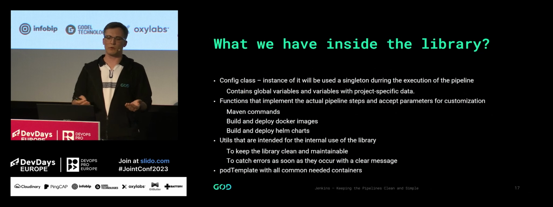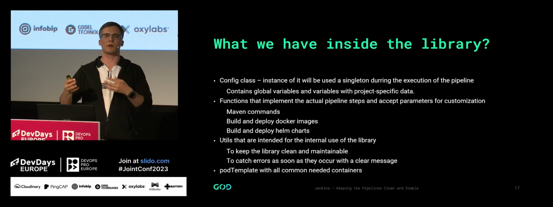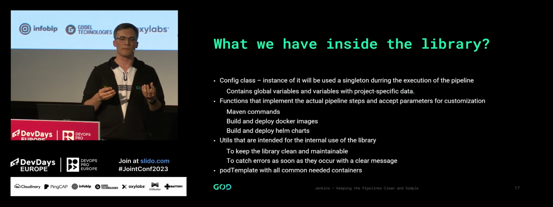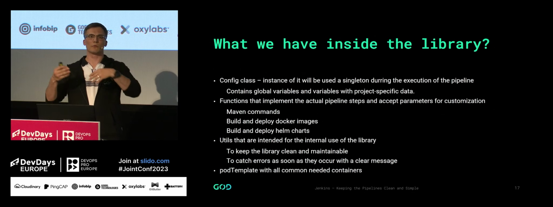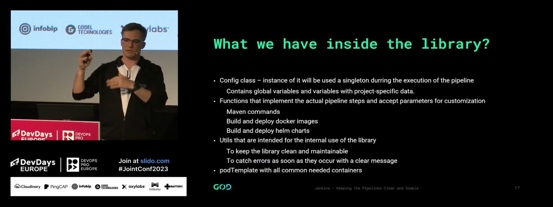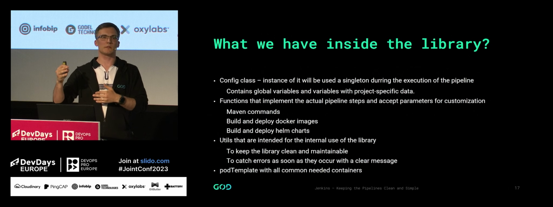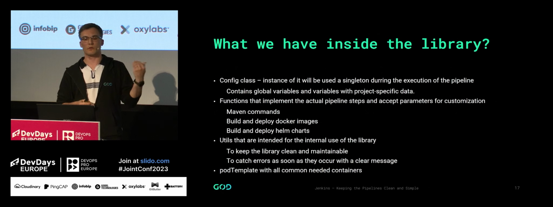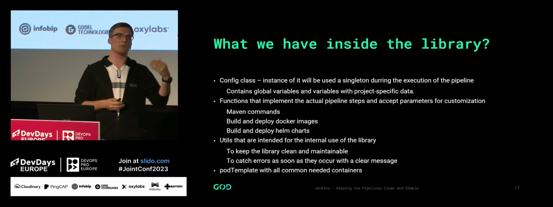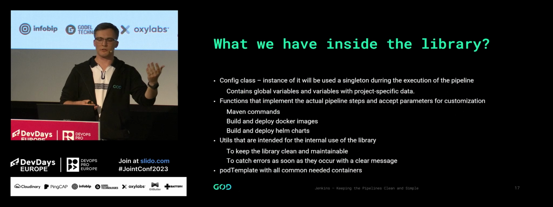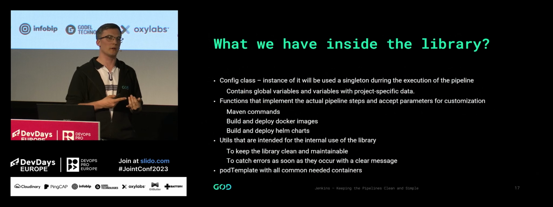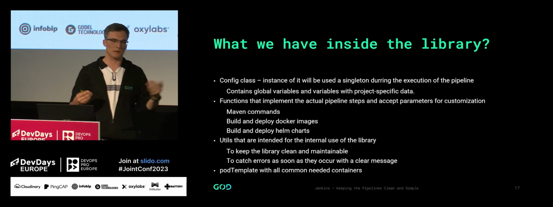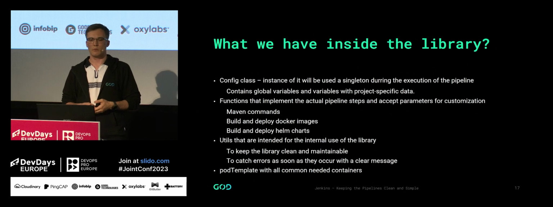Why is it good? Because then I don't need to care about defining variables in several places. I just have this config instance that I create at the start of the pipeline and work with it for all the functions. And then I will have functions for each case. So I have all the Maven commands that cover most of my use cases.